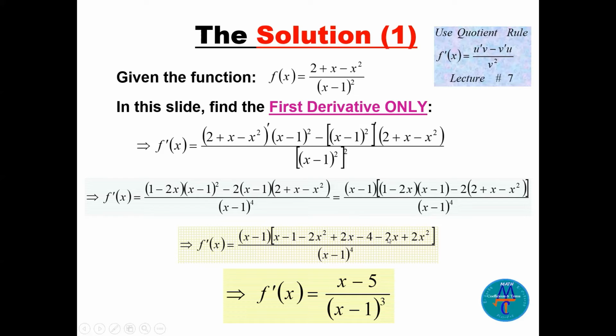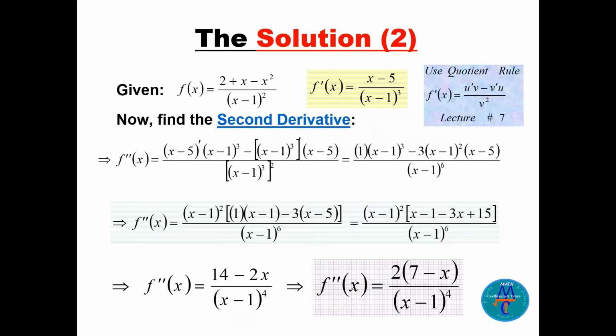Let's see the x's here, minus 2x plus 2x, cancelled, will be only 1x, and the numbers minus 4 minus 1 will be minus 5 here. So f prime, final answer for the first derivative, will be x minus 5 over x minus 1 all cubed. So this can be one question.